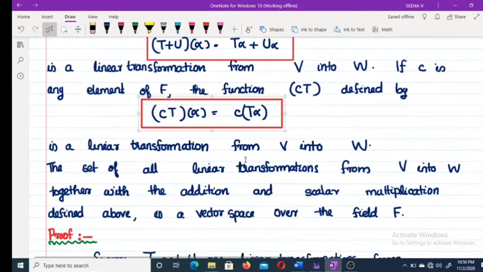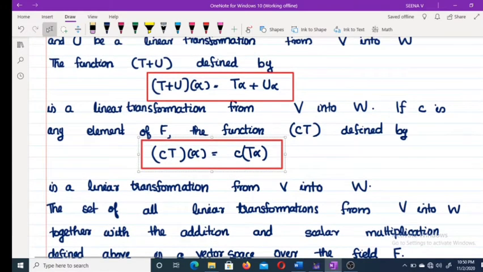This is also a linear transformation from V into W. Now the set of all linear transformations from V into W, together with the addition and scalar multiplication defined above, is a vector space over the field F. So we have to prove that the collection of all linear transformations forms a vector space over the field F, where the operation is defined as (T plus U) of alpha equal to T alpha plus U alpha, and scalar multiplication is defined as (cT) of alpha equal to c T alpha.